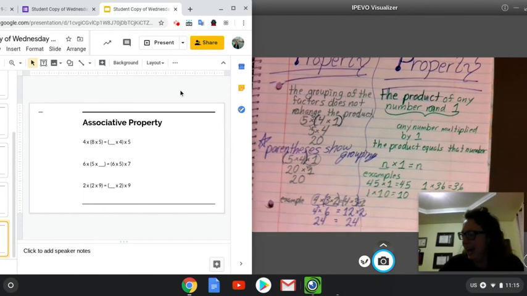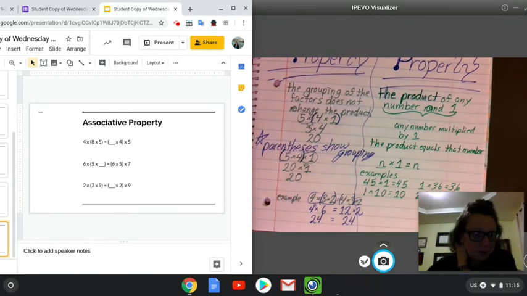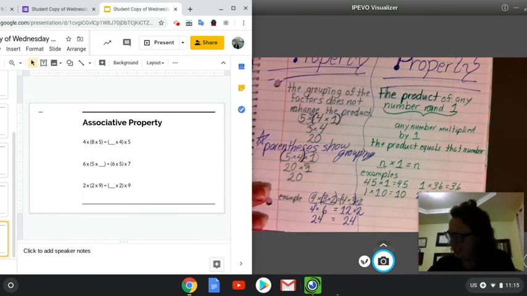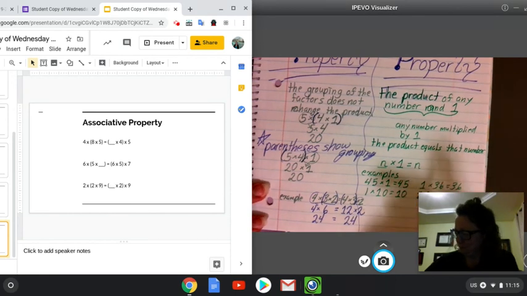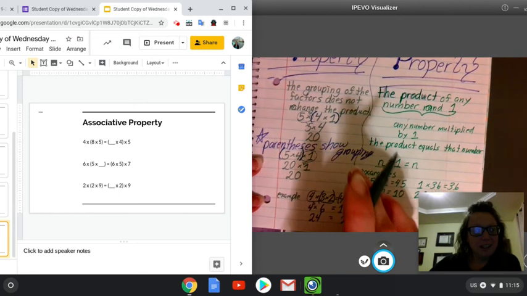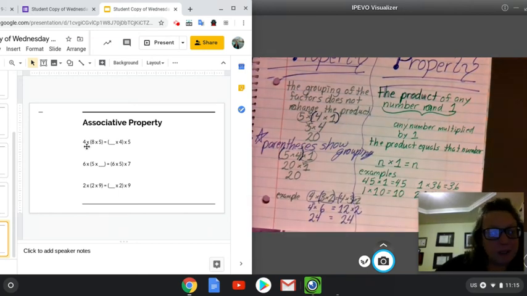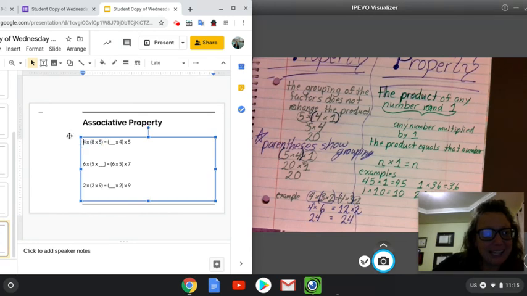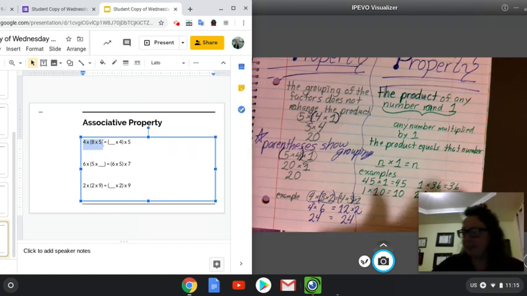Let's look at these examples. Our first one. If I look at the left side of the equal sign, I can see that there is a 4, an 8, and a 5.